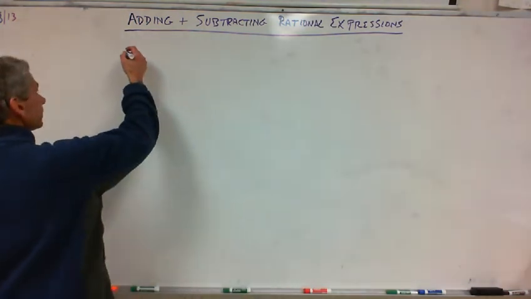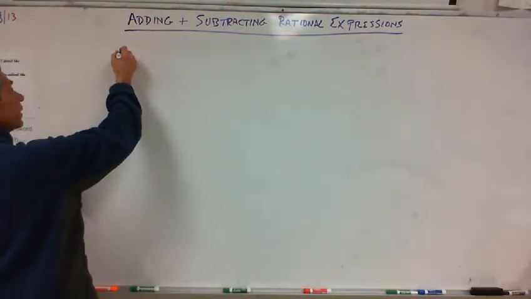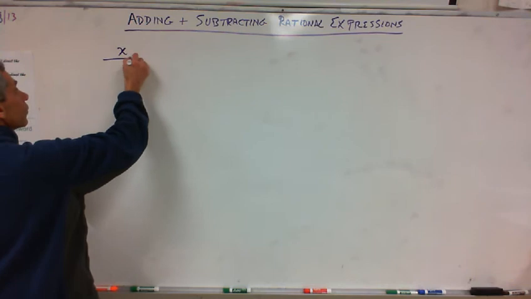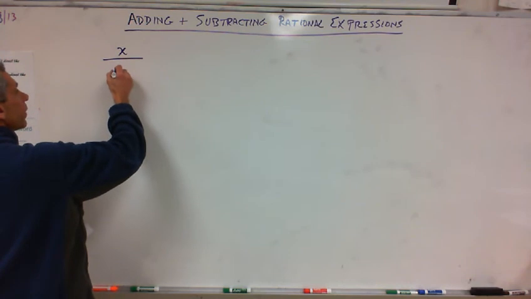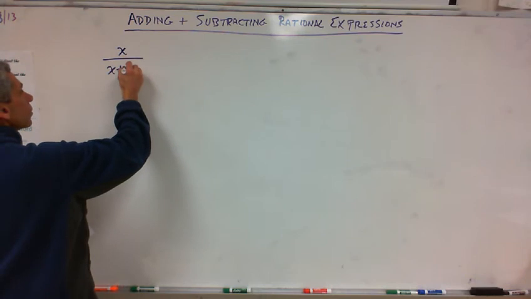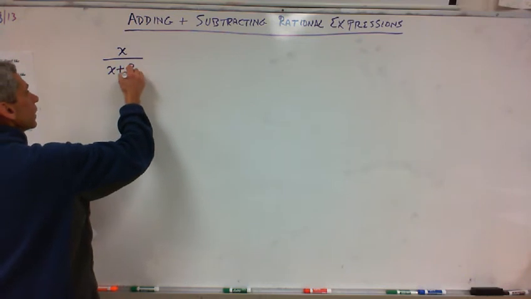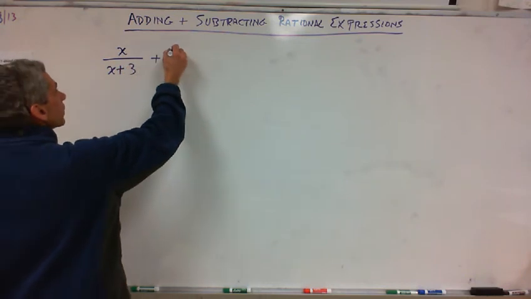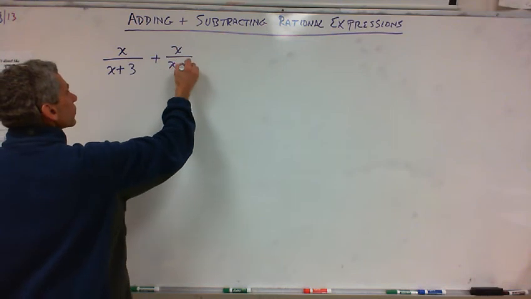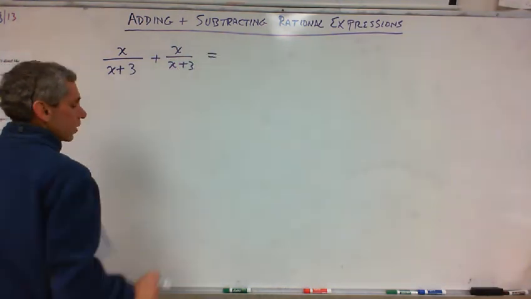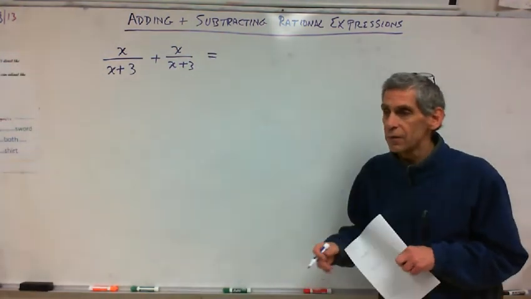Very simply, what if I had x over x plus 3 plus x over x plus 3. All right. First of all, do I have common denominators?